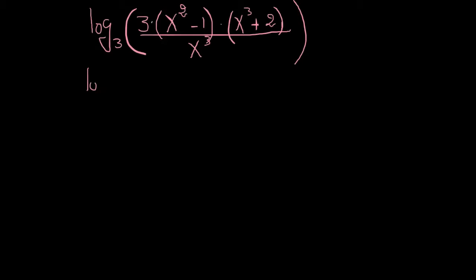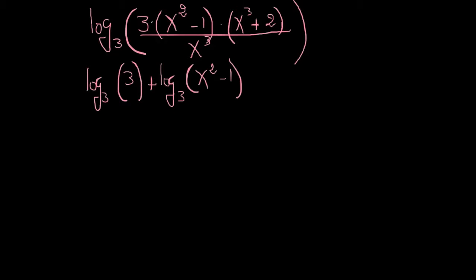So it's going to be log base 3 of 3 plus log base 3 of quantity x squared minus 1 plus log base 3 of x cubed plus 2. And since I have everything over x cubed, that means it's going to be minus log base 3 of x cubed.